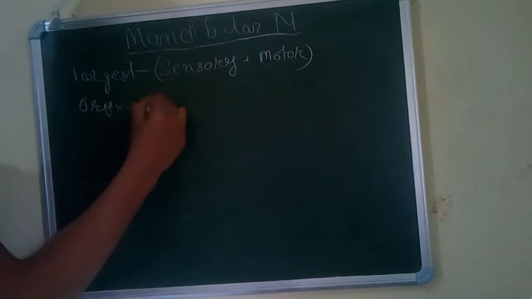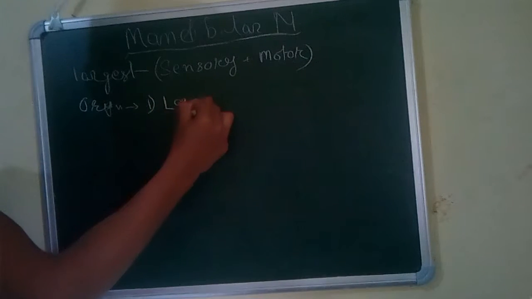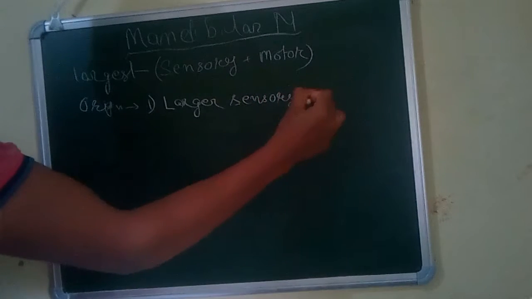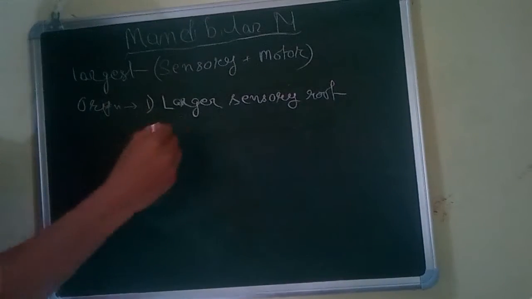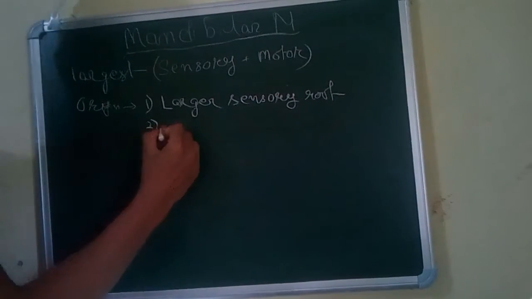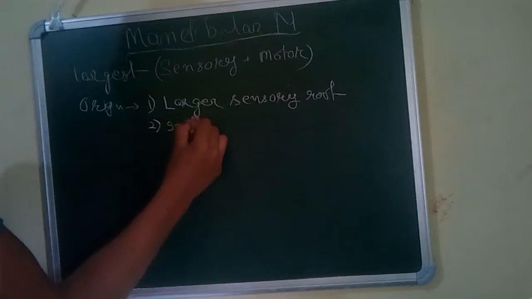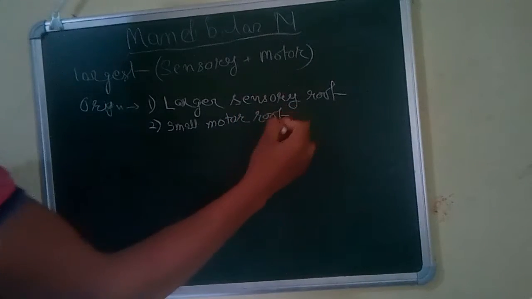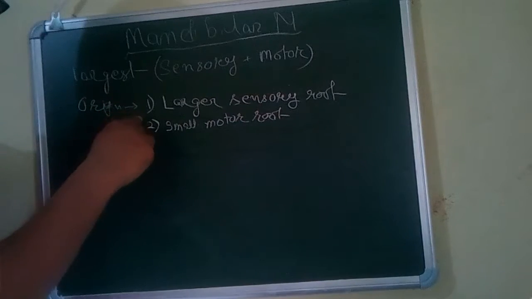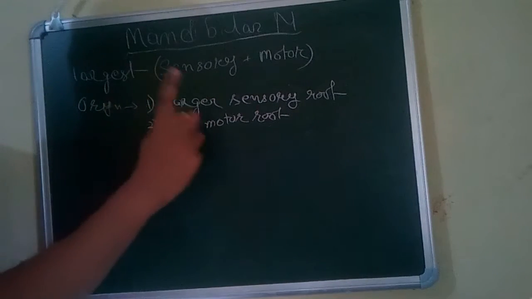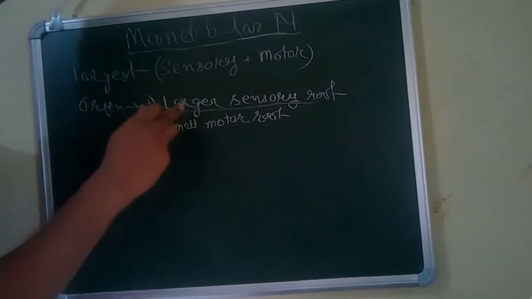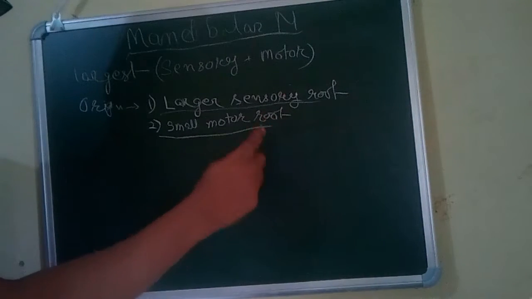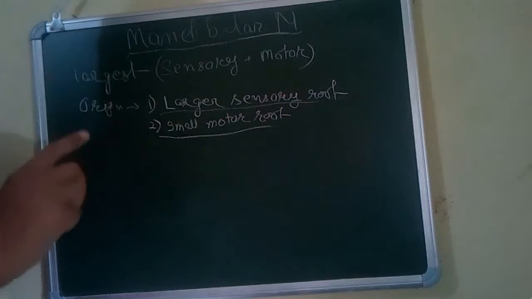The larger sensory root arises from the convex aspect of the trigeminal ganglion, and the small motor root arises from the ventral aspect of the pons and passes below the trigeminal ganglion.